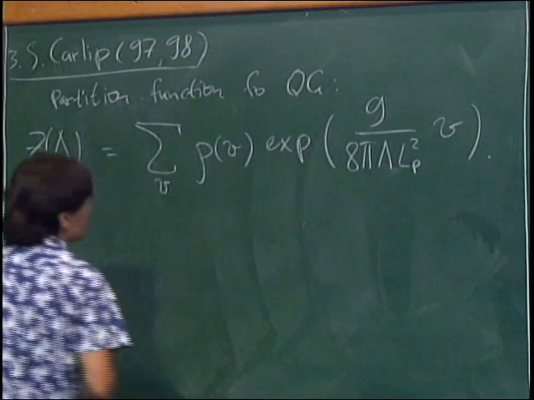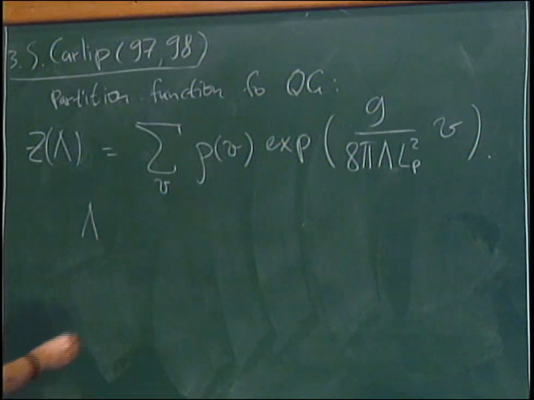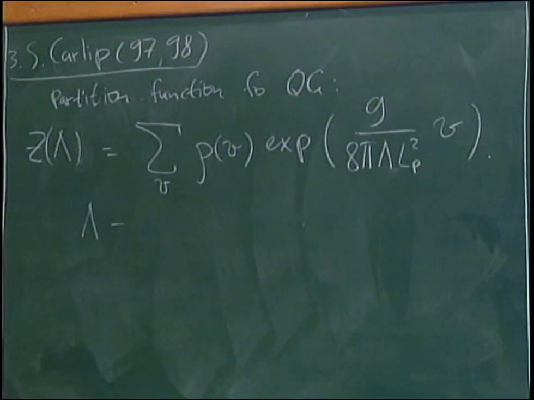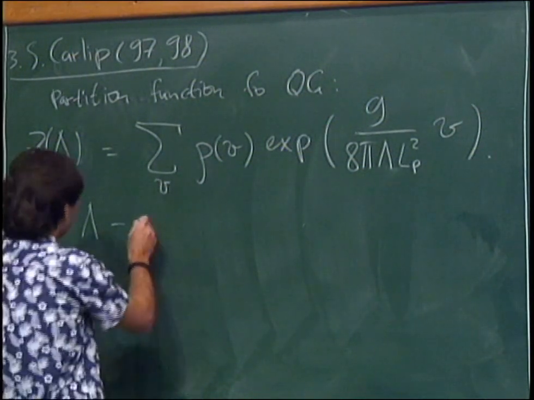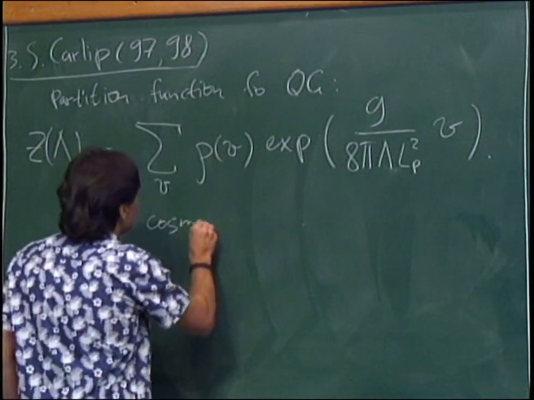Everything here is actually easy to define. Lambda is a cosmological constant, and we don't know what it is, but we know that it's very small, and maybe it's positive, maybe it's negative. But it's important in the theory.